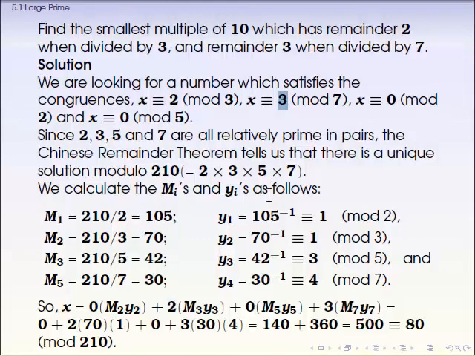So a4 must be 3. So 3 times M4 and y4, which is 30 and 4. So all together, this sum gives us 140 plus 360, which is 500, and it's congruent to 80 modulo 210. So our x must be congruent to 80 modulo 210. So we can say the smallest multiple of 10 satisfying this condition must be 80.